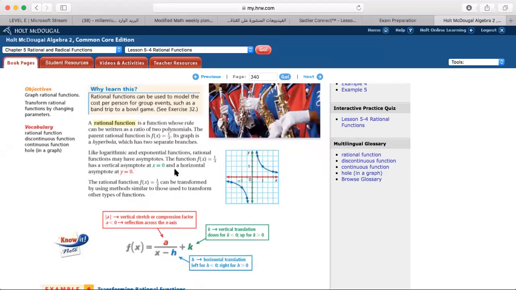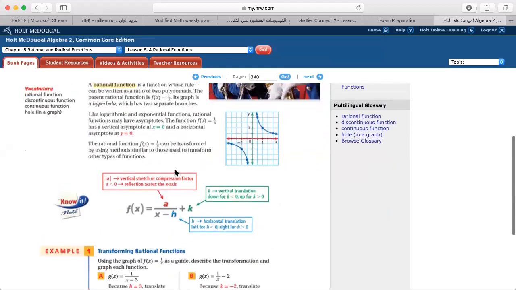The rational function f of x equals 1 over x can be transformed by using methods similar to those used to transform other types of functions.